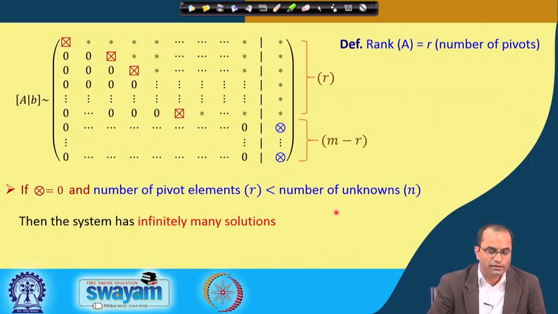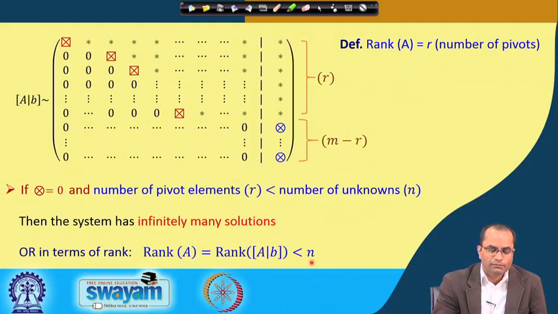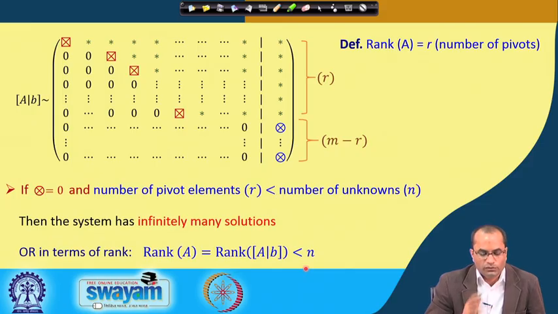I mean, we can generate those infinitely many solutions. Or in terms of the rank, again the rank of A is equal to the rank of the augmented matrix for consistency, but this rank is less than the number of unknowns. This is what we say about consistency in terms of the rank as well.